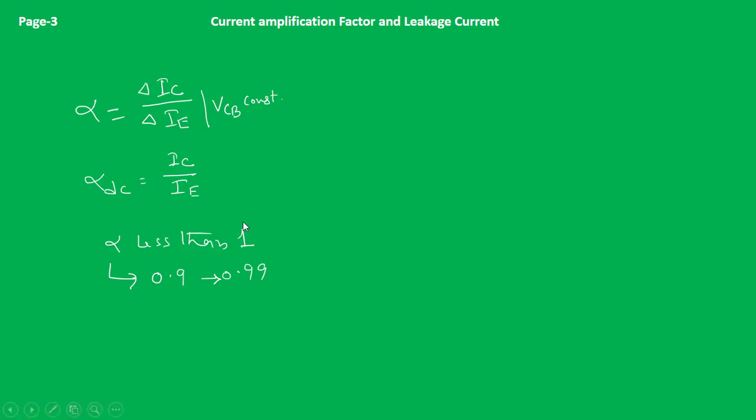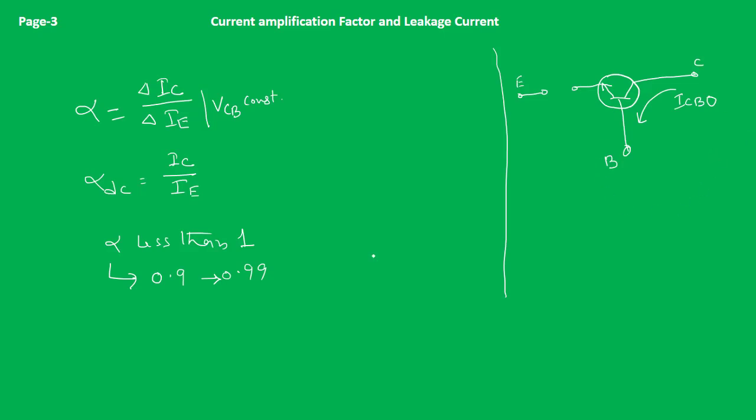Now in the common base configuration, we have seen that the collector base junction is in reverse bias. Under the reverse bias condition, if the emitter is open circuited, then the leakage current flowing from the collector to base is called ICBO.